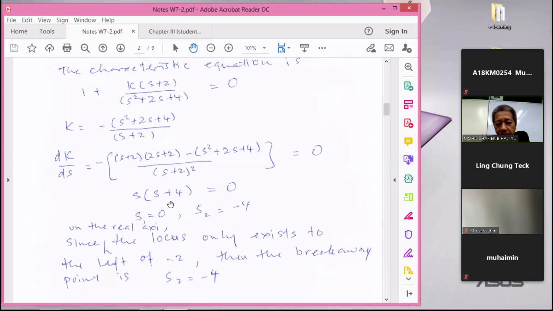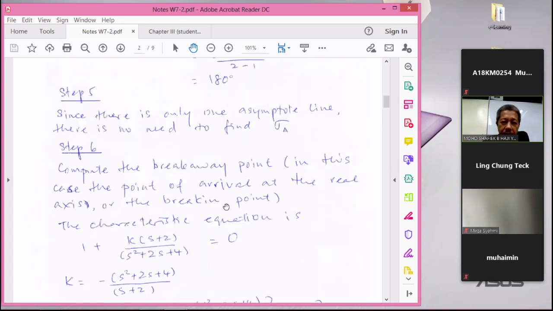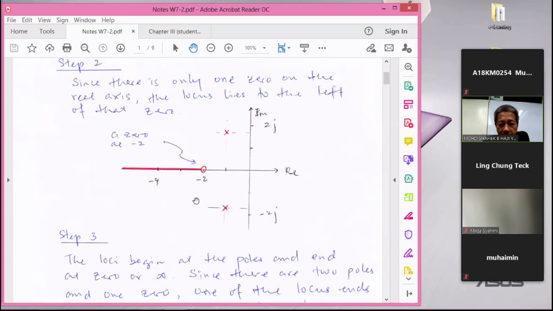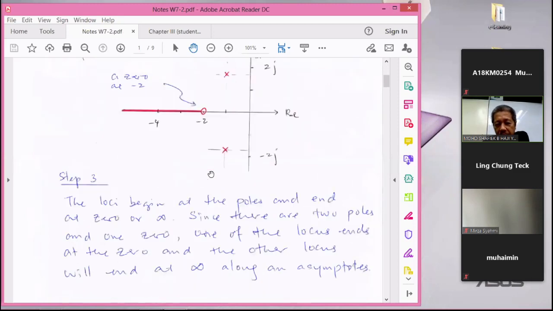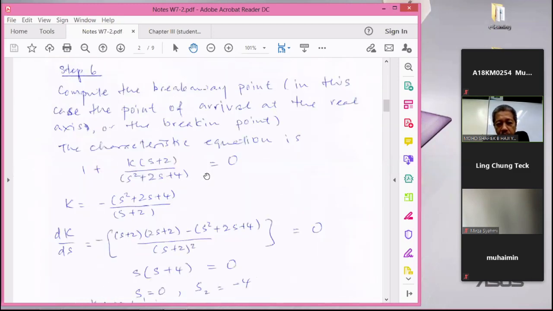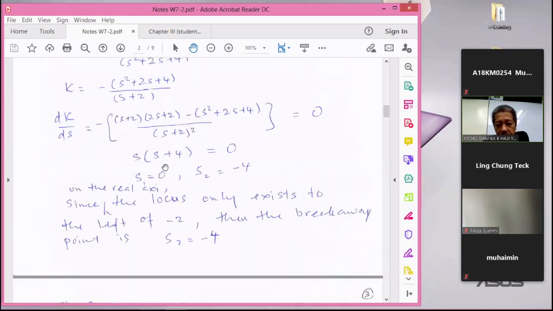And then you're going to have 2 solutions, again, 0 and -4. So which one is our break-in point? We need to look back at our drawing. Since there's no locus to the right of -2, we cannot take the first solution. So we need to drop s equals 0.